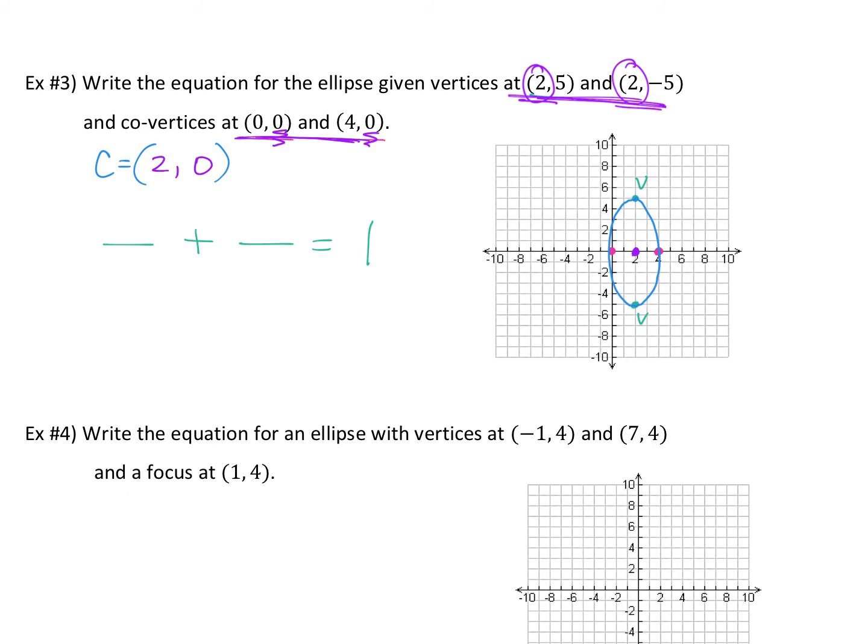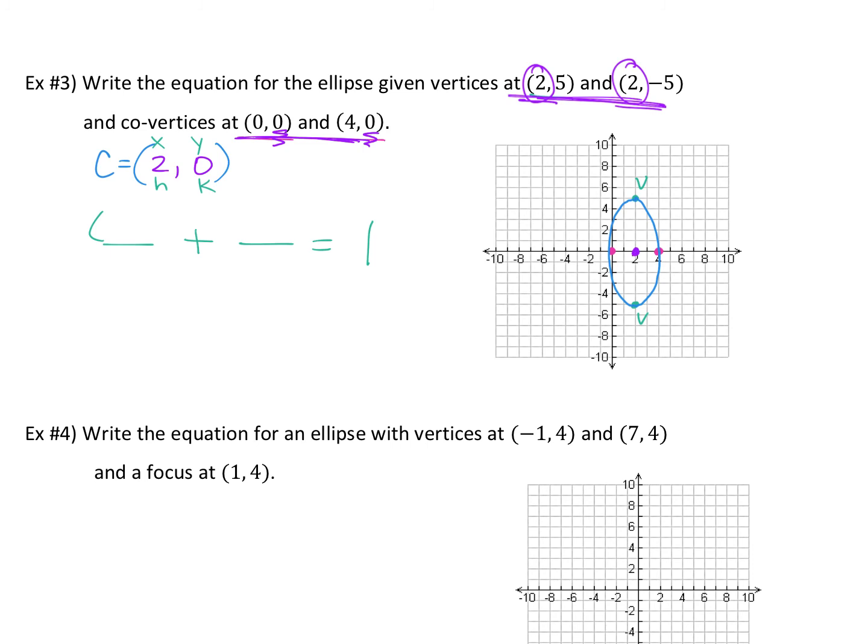But now we're shifting, right? It's 2, 0. This is our x value and our y value. So it's your h and your k, if you will, is your center. So it's going to be what first? Remember when it's plus, we always put the x first.